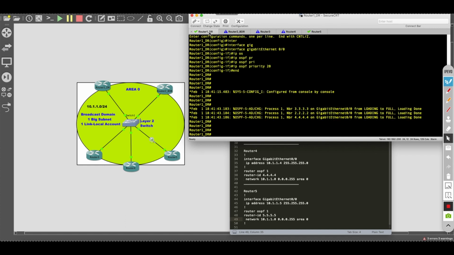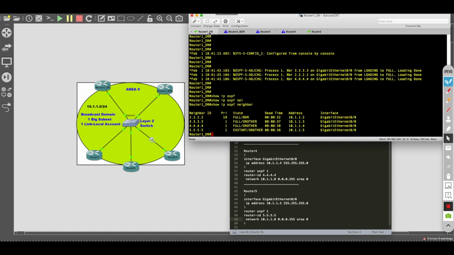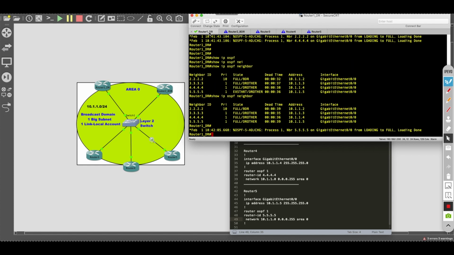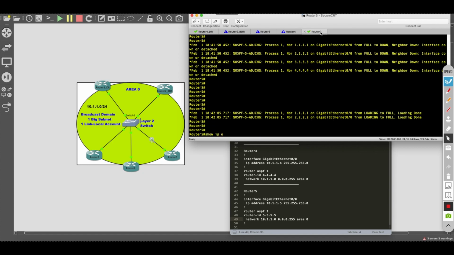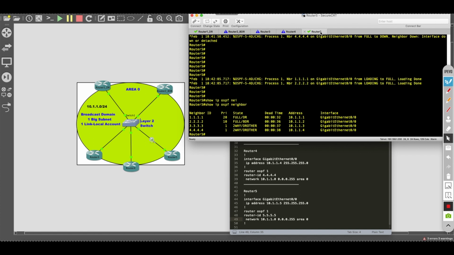So let's take a look now and see the neighborship. Show ip ospf neighbors. Okay, so this one's still in the exstart state. Okay, so if I go to router 5, we can see that it has a two-way with router 3 and router 4, and router 1 and router 2 are now effectively exactly the way we want our topology to look, where router 1 is the designated router and router 2 is the backup designated router.